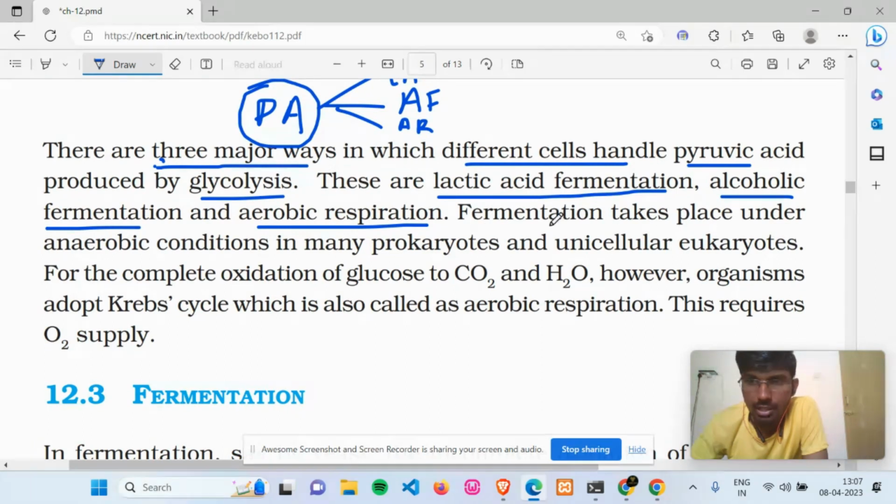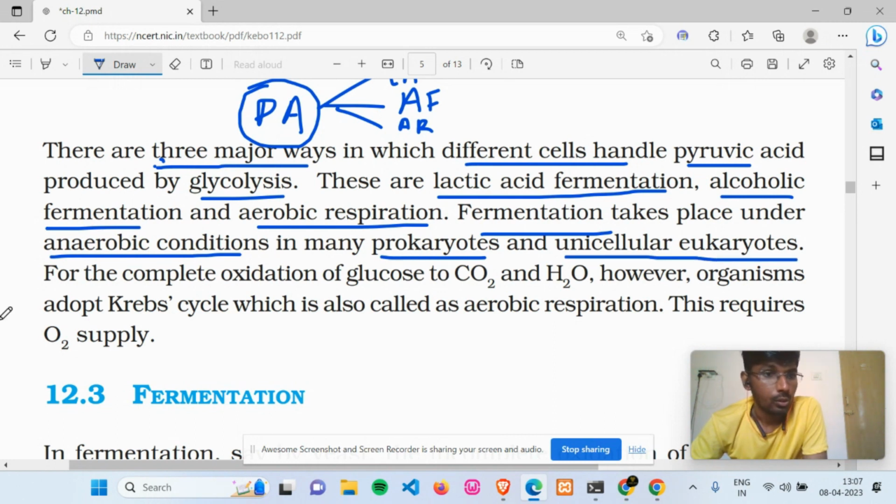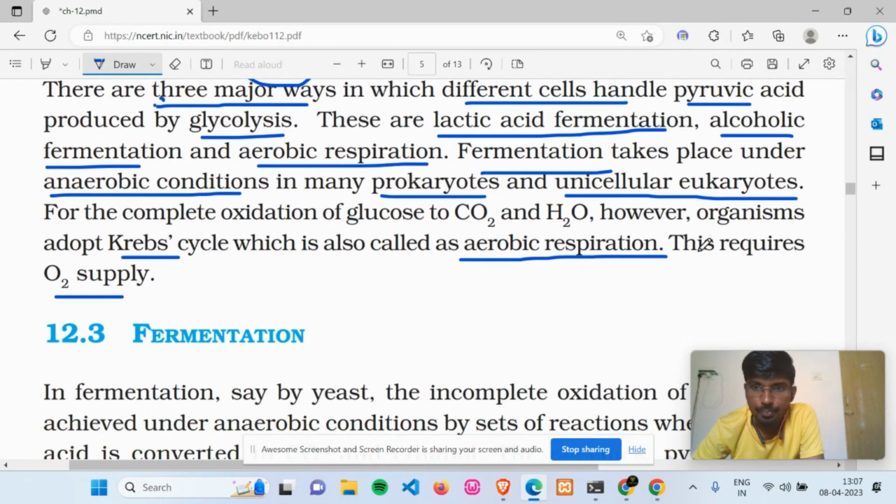Fermentation takes place under anaerobic conditions only, in many prokaryotes and unicellular eukaryotes. For the complete oxidation of glucose to CO2 and H2O, however, organisms adopt the Krebs cycle, which is also known as aerobic respiration. This requires O2 supply.